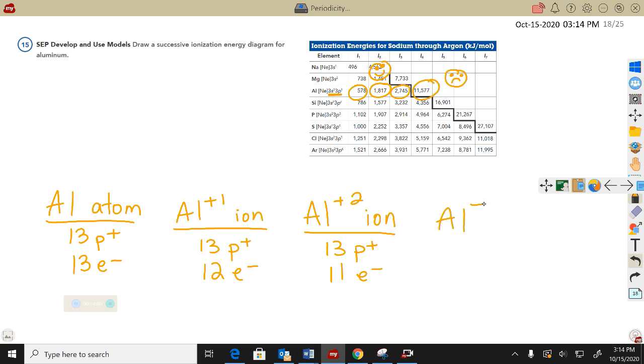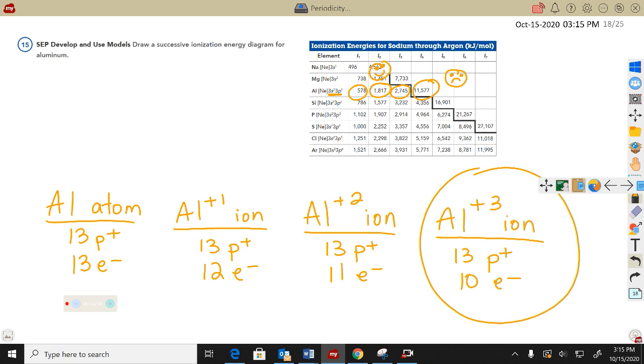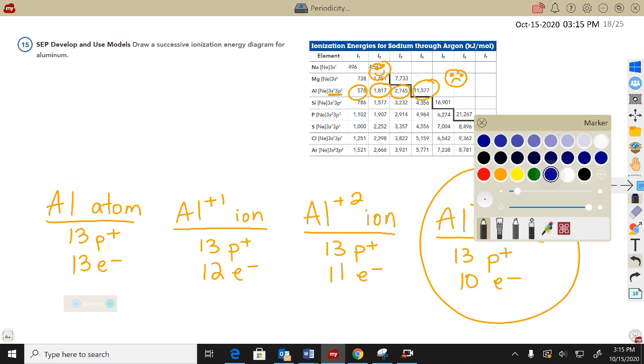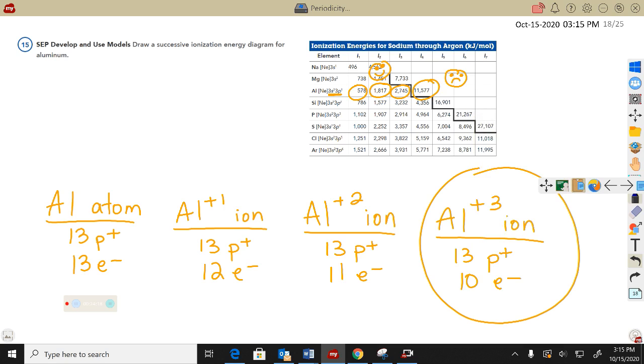And then finally the aluminum +3 ion. 13 positive protons, but only 10 negative electrons. And again, this is going to take the most energy to remove electrons. This is my strongest attraction. It's my greatest nuclear charge.